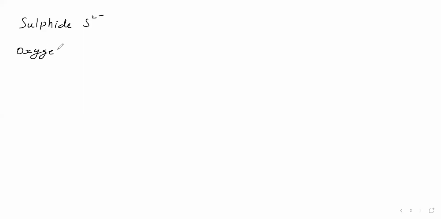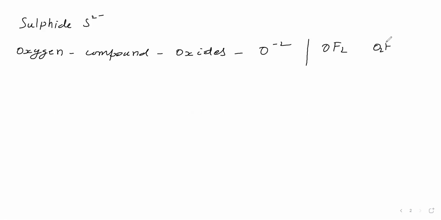Next, oxygen is present in a compound. That is generally an oxide. Oxide means oxygen oxidation number is -2. So oxygen in its compounds has oxidation number -2, except in OF2 and O2F2.